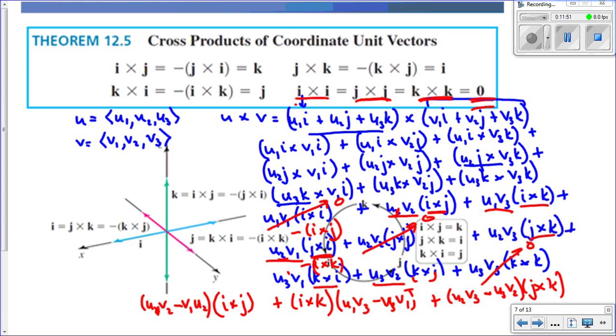Now let's change this. i cross j is just k. So we have u1 v2 minus v1 u2. We have i cross k, which is actually negative j. And then j cross k is actually i.